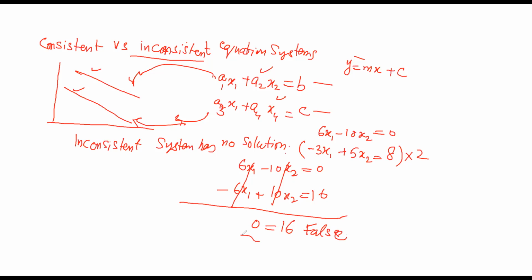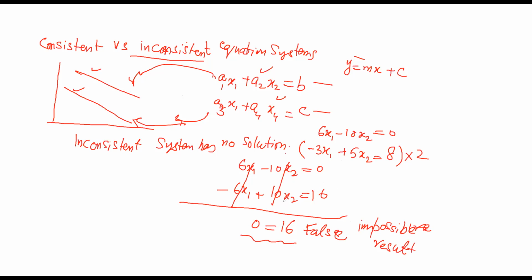So we cannot have 0 is equal to 16. So if by doing these row operations we get an impossible result, then we will say that the system of equations is inconsistent.